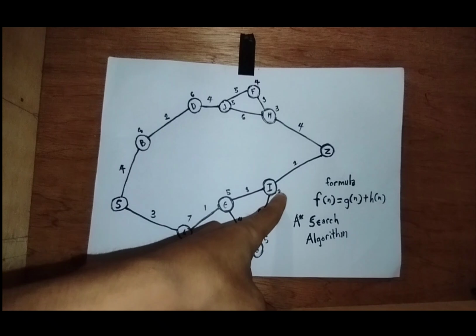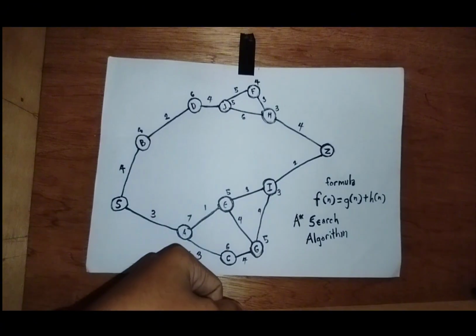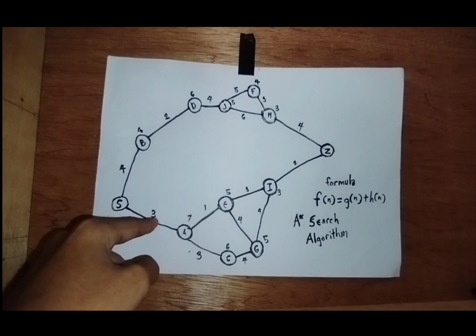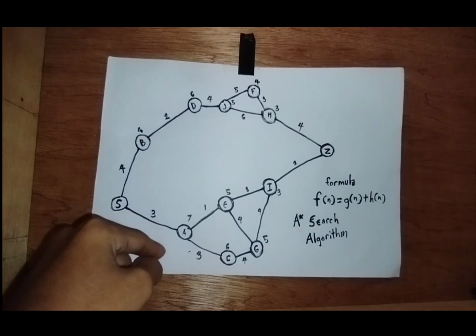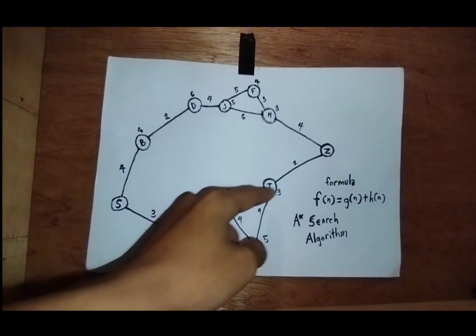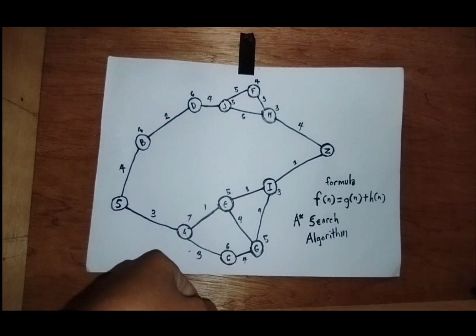So on the I route, it only has one route, I to Z. So G is equal to 3 plus 1 plus 3 plus 2 equals 9.